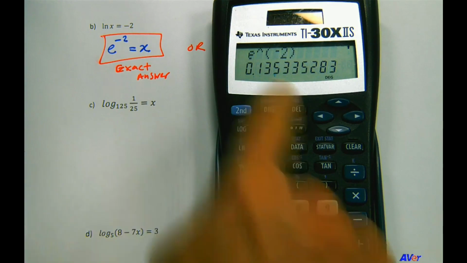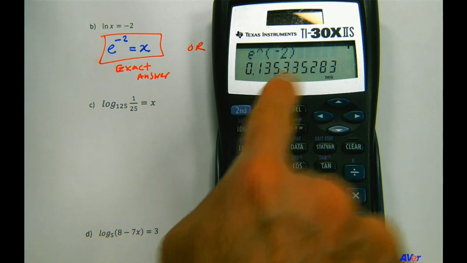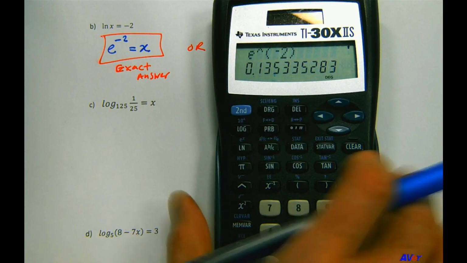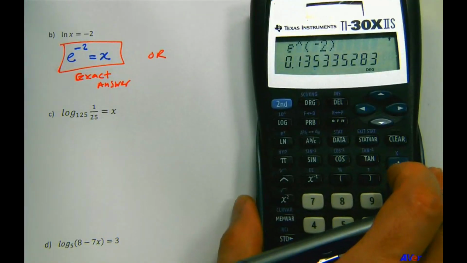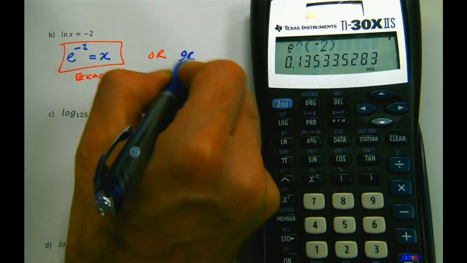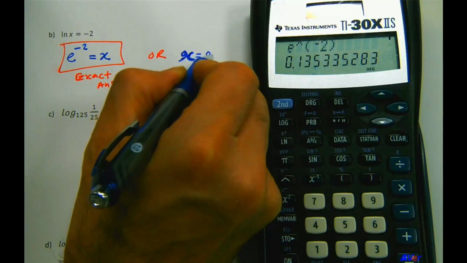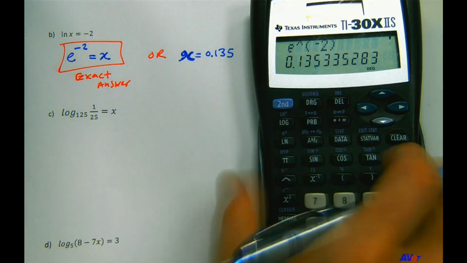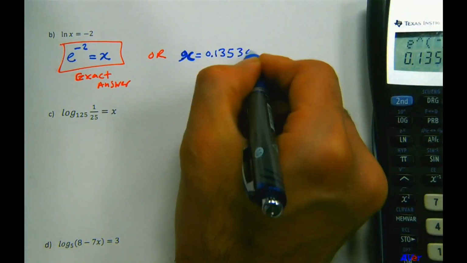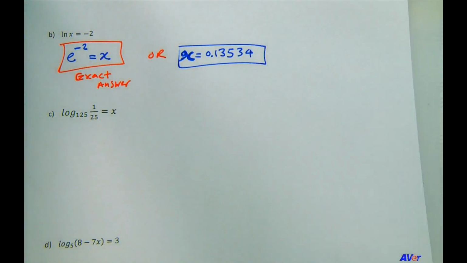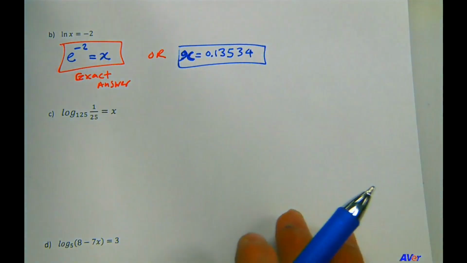Okay, so I can round that to 0.13534, rounding that second 3 to 4. Let me do that. Okay, so we have x equals 0.13534. Either that or that. This is an exact answer. That's not. That's just a decimal value that we rounded the number to.